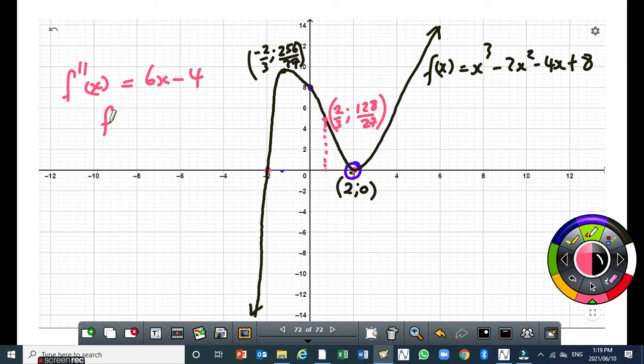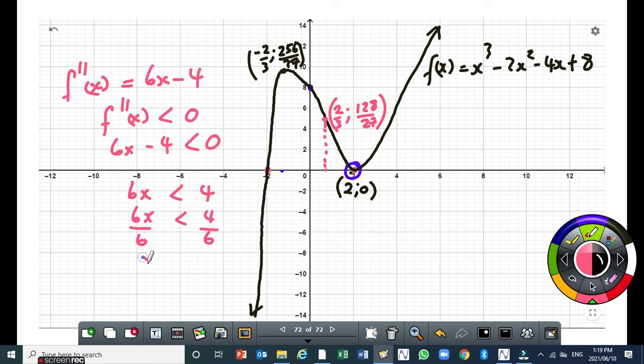If you want to determine for what values of x the graph is concave down, you just say the second derivative is less than 0. So f double prime of x must be less than 0. So we say 6x minus 4 is less than 0. Then you solve this, you get 6x is less than 4. You divide both sides by 6, and you get x is less than 2 over 3.